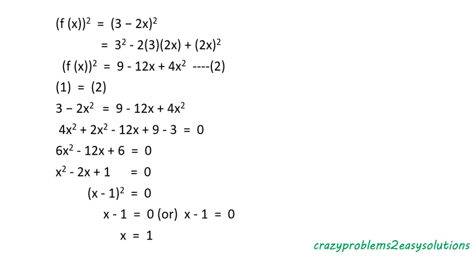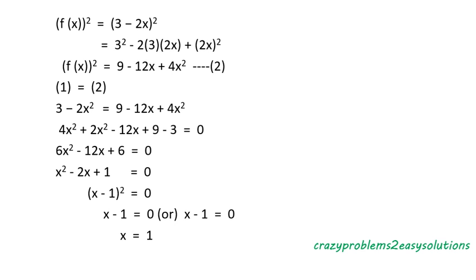So we write all values on the left hand side, and we have to change the signs also. Then we write 4x square plus 2x square minus 12x plus 9 minus 3 equal to 0. Then 4x square plus 2x square, we add the numbers.